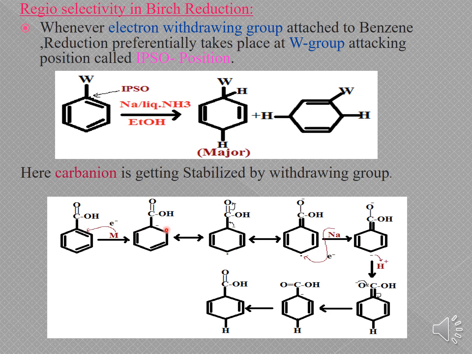After gaining the negative charge, the carbanion will be present over there itself, and then there is the adjacent bond breakage. When this bond breaks, this radical will combine with this radical, and then you will gain one bond over here.